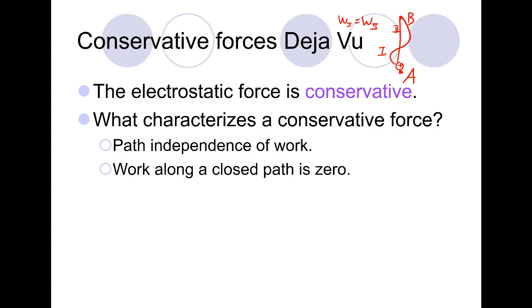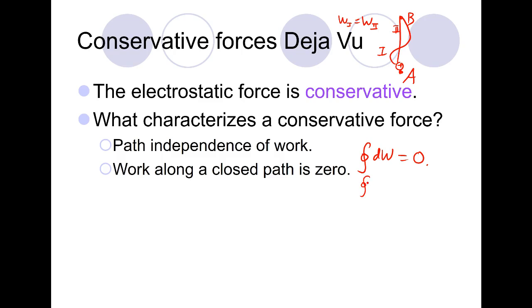Secondly, the work along a closed path is 0. Now this can be a line integral or a surface. Right now we're just thinking about a straight line, but the sum of the dW's will be equal to 0.